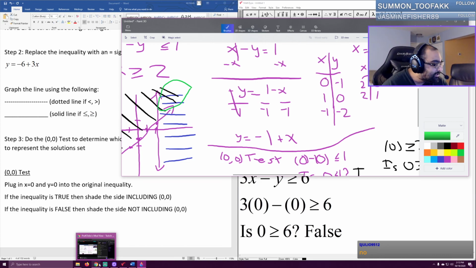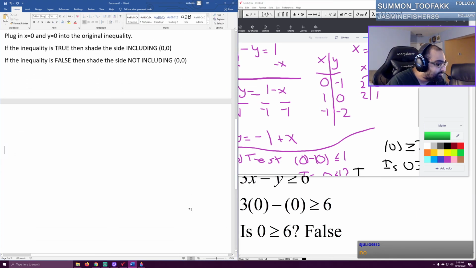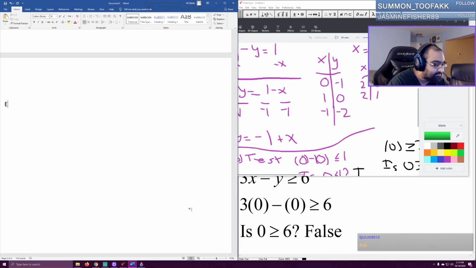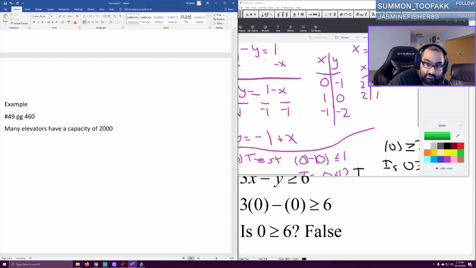So let me go ahead and type it out here. This is number 49 on page 460. Many elevators have a capacity of 2,000 pounds.